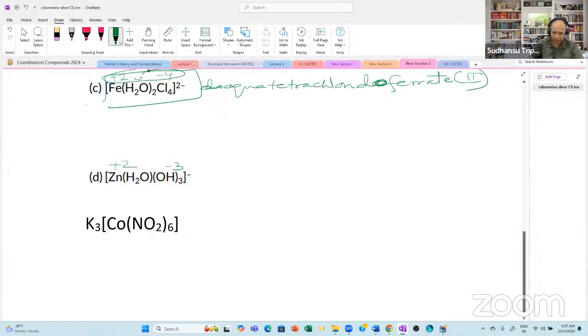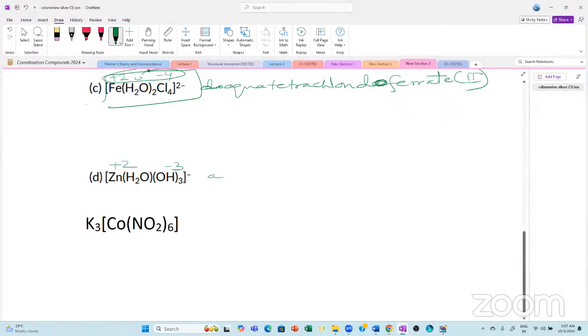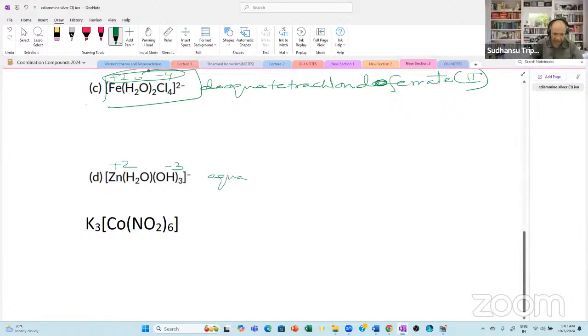The net charge will be -1. So what's the name? Aqua trihydroxide zincate. Trihydroxide you can write because it is a polyatomic radical. If we become very honest, you can write tris hydroxide, but trihydroxide will also fetch you full marks.